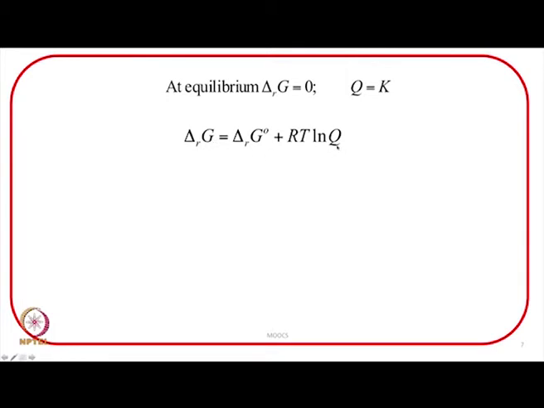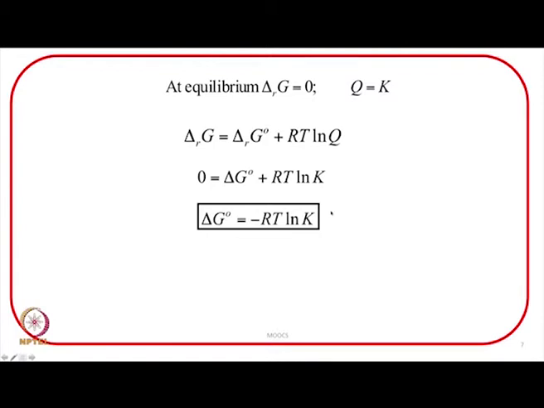And if I put in place of Q the equilibrium constant, then what do we have? I substitute 0 for delta Rg and I substitute K for Q. And when I rearrange this, I get delta G0 is equal to minus RT log K.